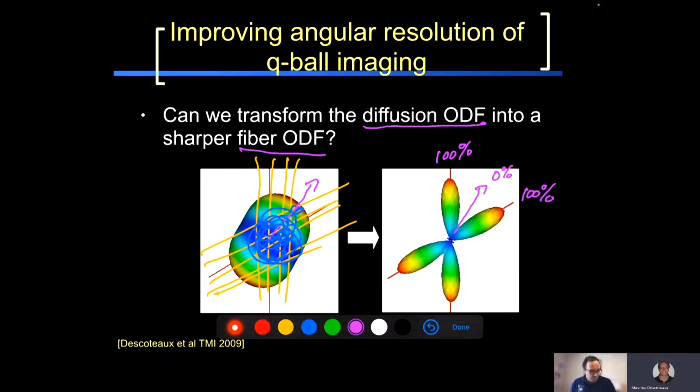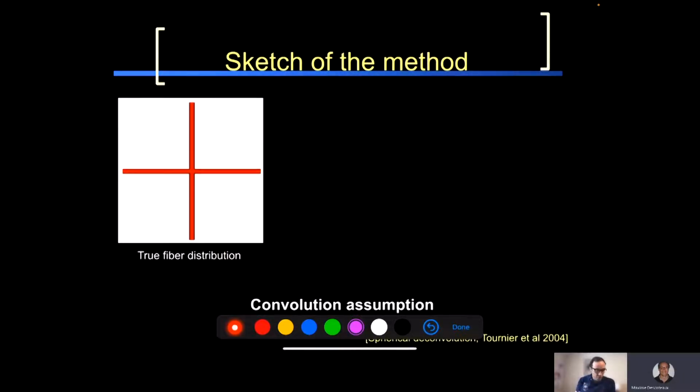And there are lots of book chapters and readings that you can look at to really get a clear notion of what this is. But just to give you a brief idea, we have a theoretical ground truth FODF, right? A perfect 100% two-directional fiber ODF.